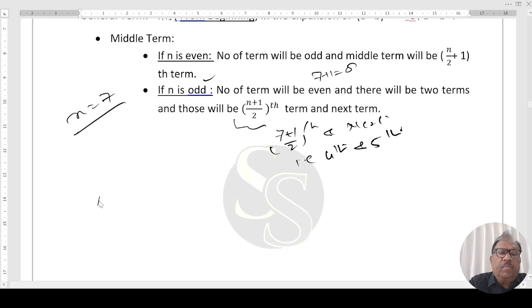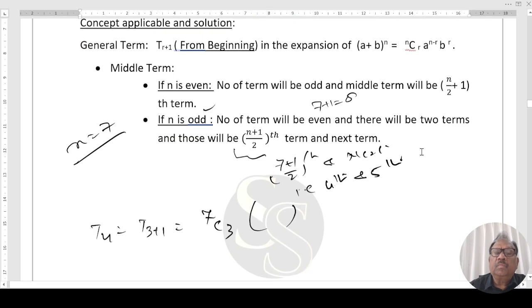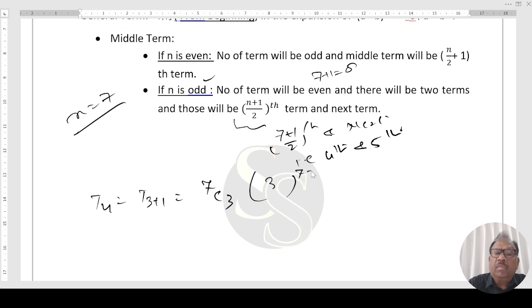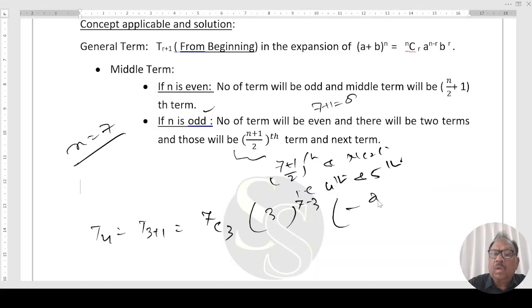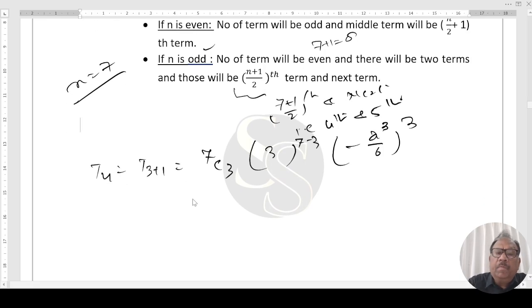To find T4, T3 plus 1, so 7C3 into 3 to the power 7 minus 3, minus x cube upon 6 to the power 3. So the answer will be negative: minus 7C3 into 3 to the power 4 into 1 over 6 to the power 3 into x to the power 9.